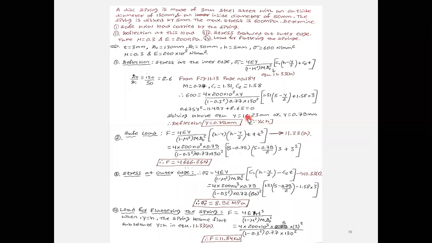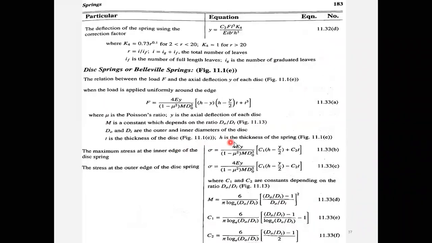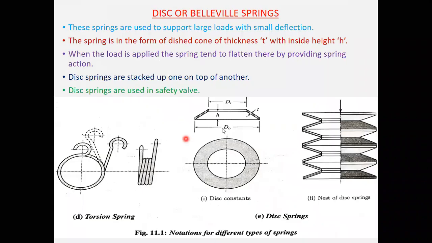Once again I will repeat, this is important. By solving the equation you will get two values: y is equal to 16.23 mm and y is equal to 0.79 mm. In this case, h is nothing but the thickness of the disc spring.